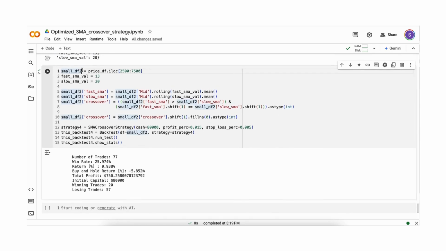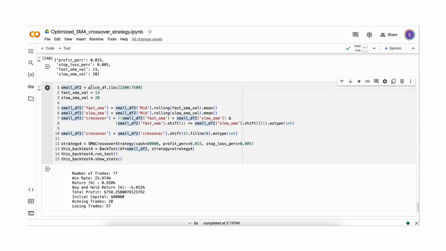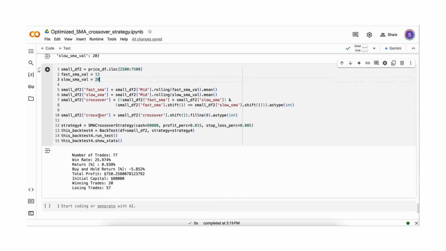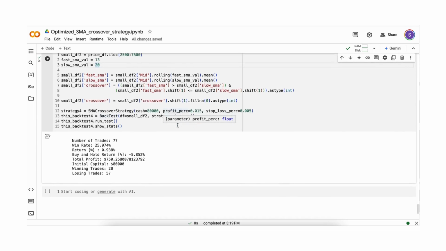And then what we do is simply plug these values into the best parameters of our algorithm. And then we again calculate the crossover, and with a cash of 80,000, we execute this strategy. As you can see here, our win rate is now positive. The buy and hold return was minus 5.85% for Bitcoin, which was generally going down during this time.